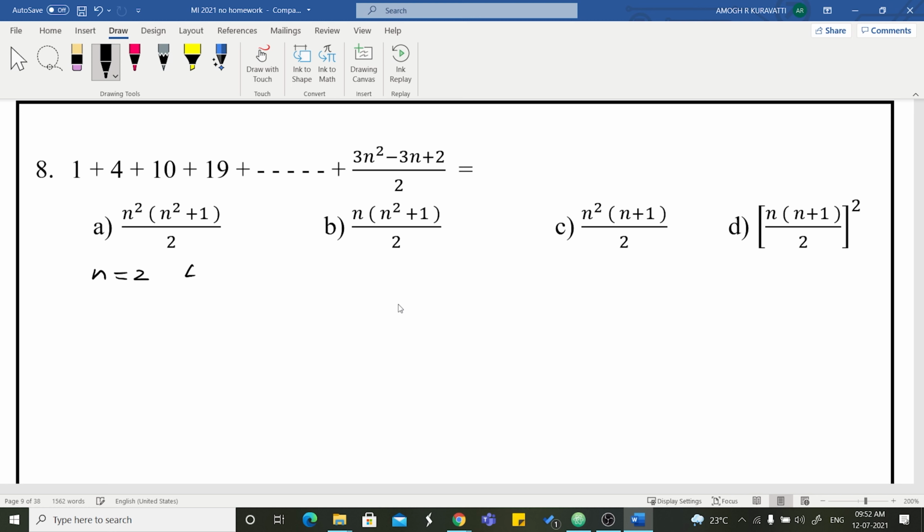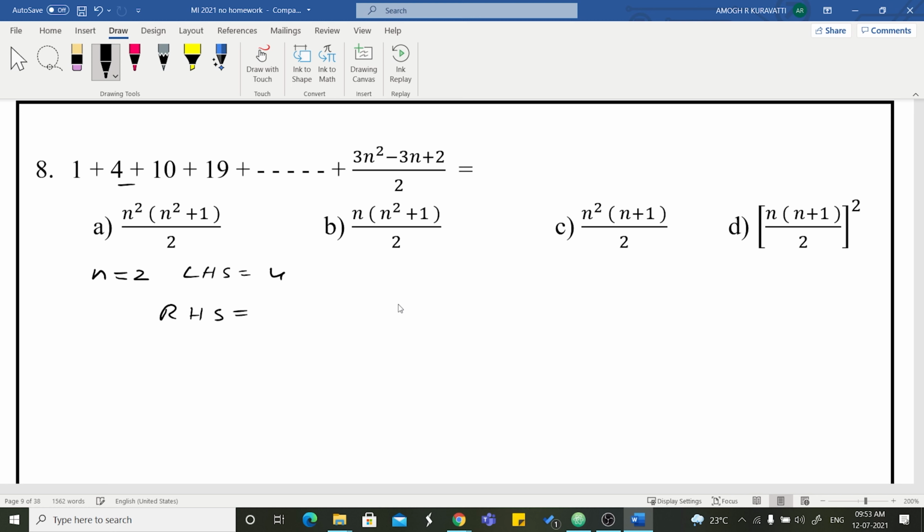So for LHS, put n is 2. 3 into 2 square minus 3 into 2 plus 2 divided by 2. N is 2 means second term. Second term is 4. Then take RHS, take the options.